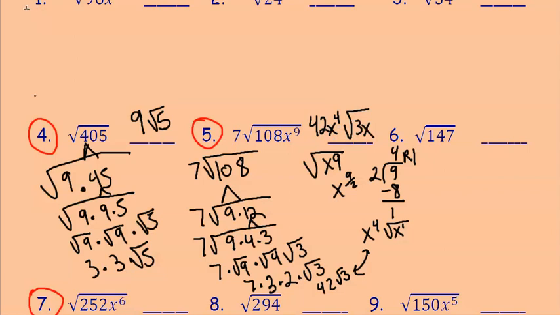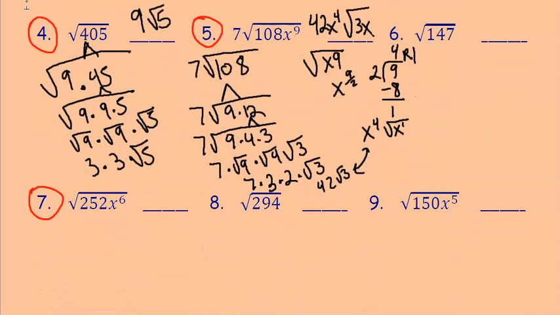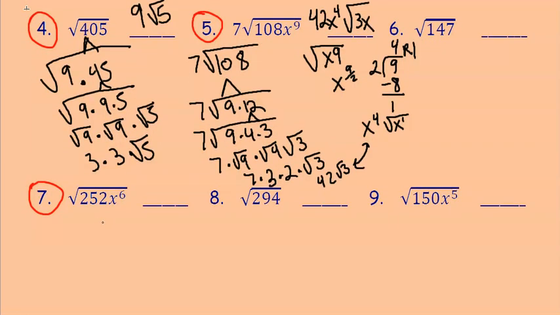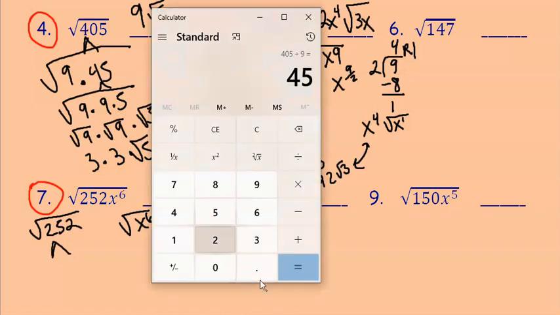Let's do one more on this page. Number 7. We have the square root of 252 x to the 6th power. Separate the number and the variable and simplify them, and then put them back together. 252. Let's see what can go into that. So we divide by 4, we get 63.